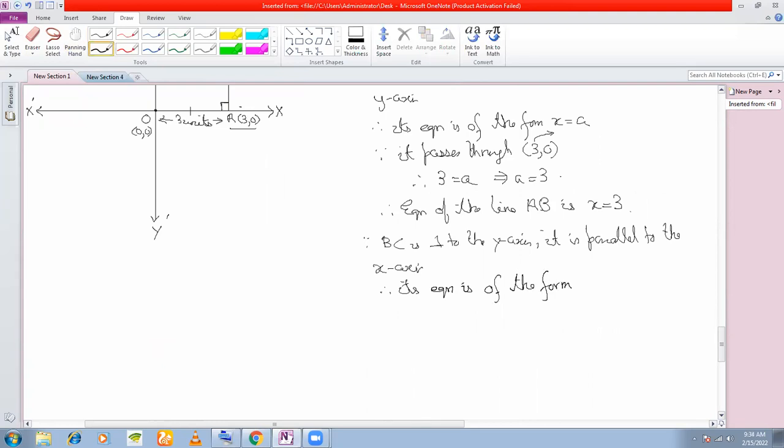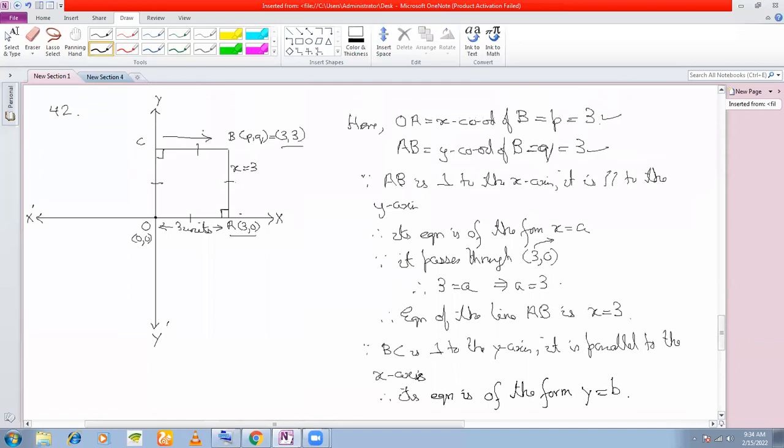Therefore, its equation is of the form: any straight line which is parallel to the x-axis has an equation of the form y is equal to b, isn't it?